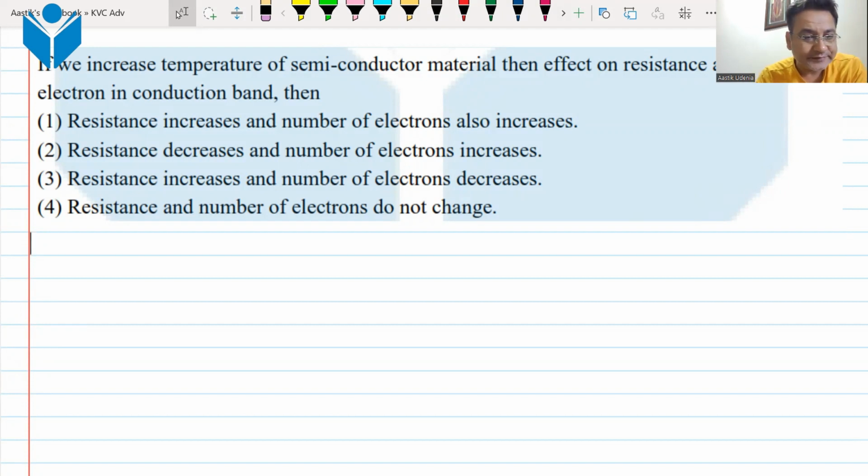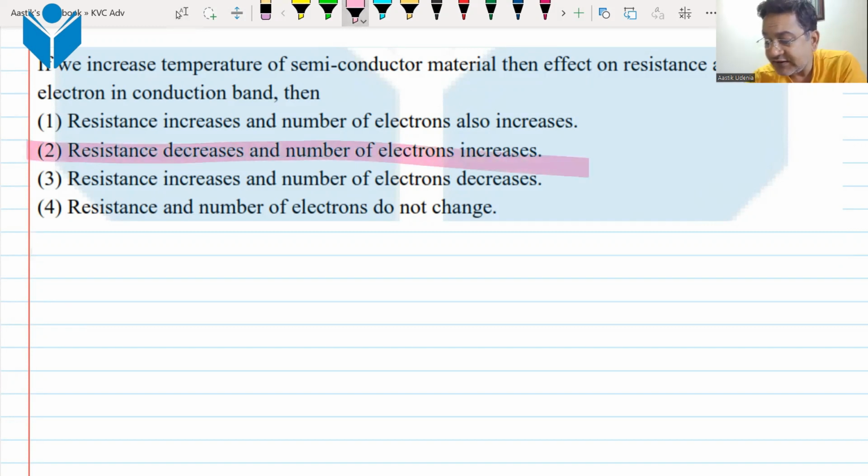And the answer is when you increase the temperature, the resistance decreases, the number of electrons in the conduction band increases.